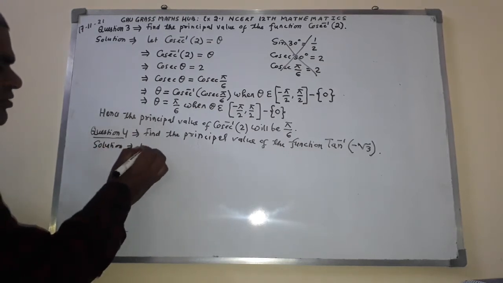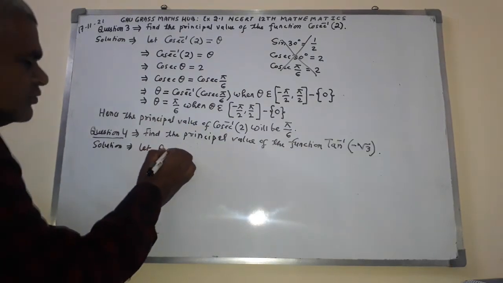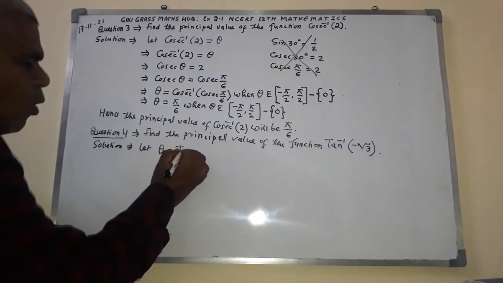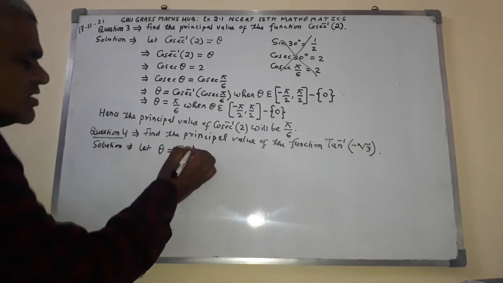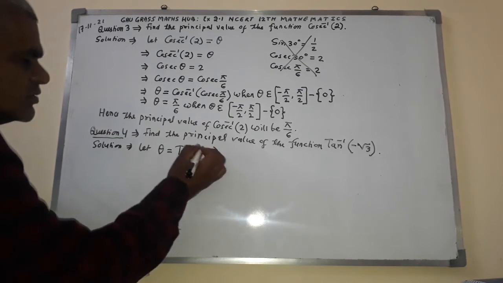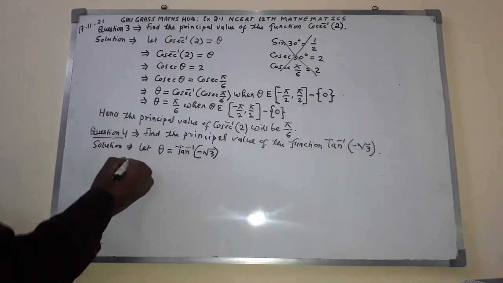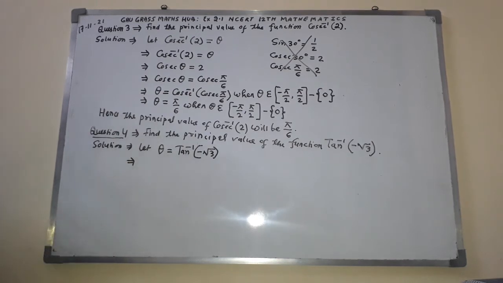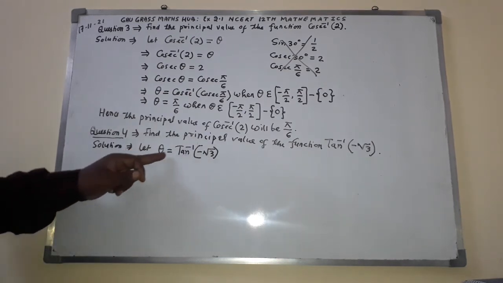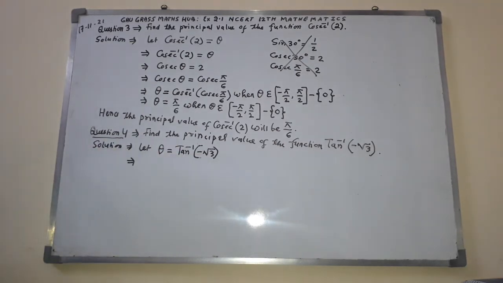Implied that let theta equal to tan inverse in bracket minus under root 3 bracket close.